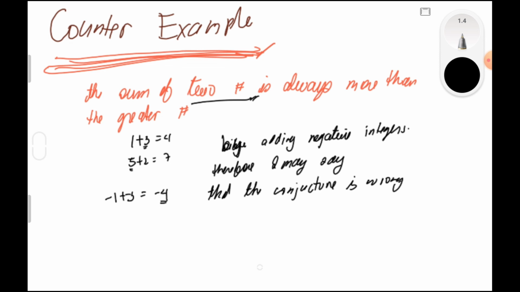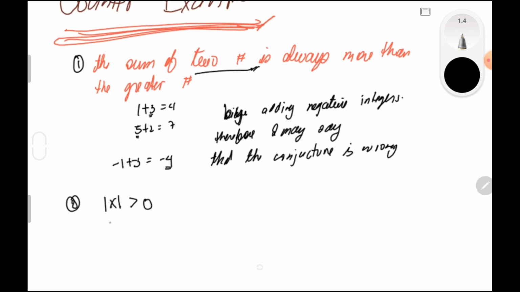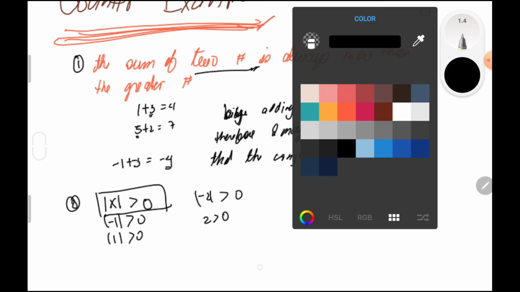So example, the absolute value of x is always greater than 0. Note, absolute value means gagawin mo siyang positive, okay? In layman's term. Gagawin mo lang positive kahit let's say meron kang value na negative 1, absolute value niya is always positive 1. Negative 2, pag kunin mo yung absolute value niya is always positive. Okay, kaya siguro nasabi niya that this is the conjecture.